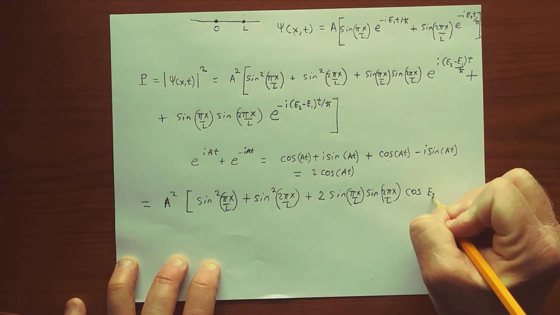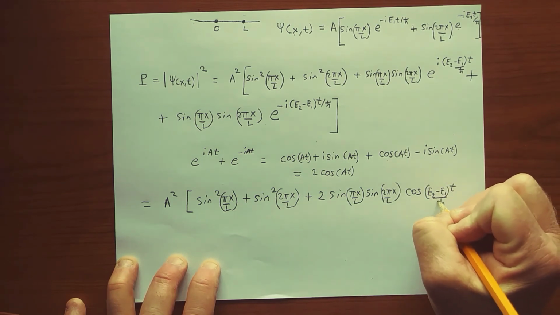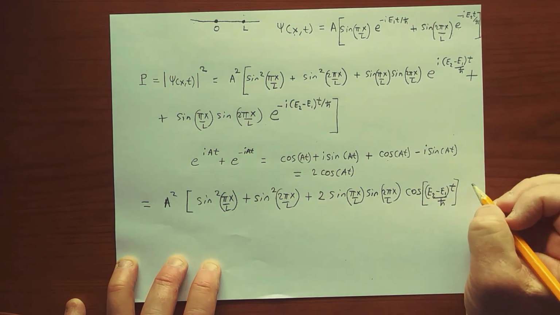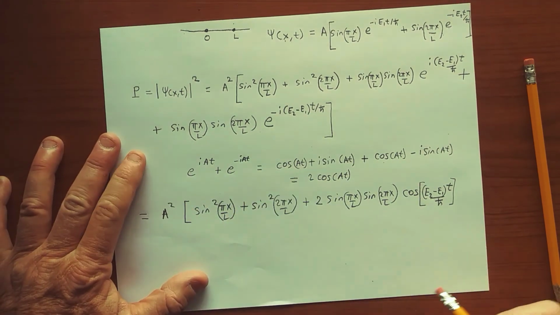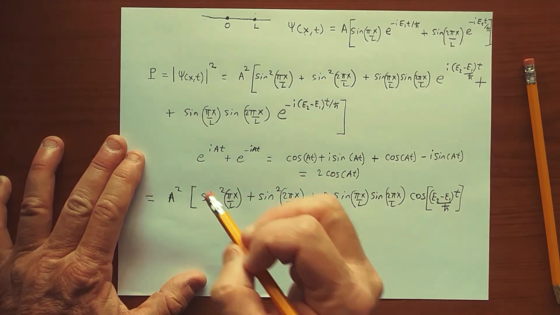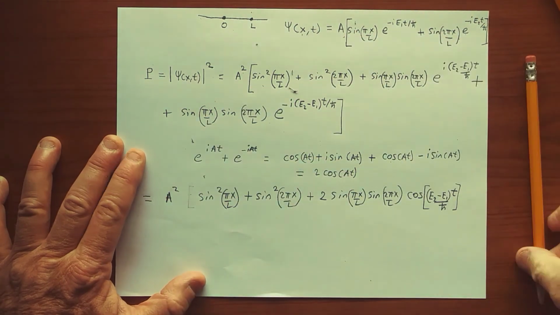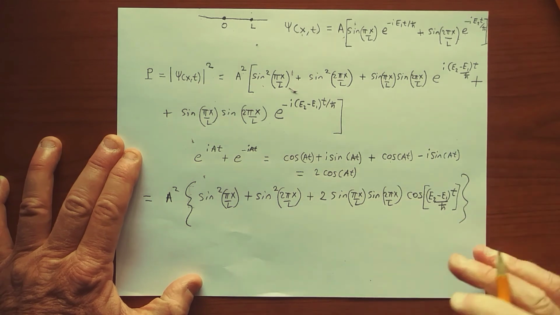So it's E2 minus E1 times t over h bar. So we really should put different parentheses out here. And close it off like that.